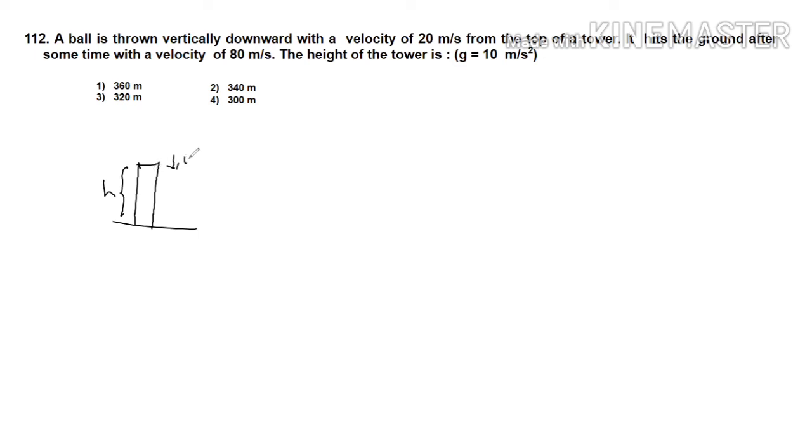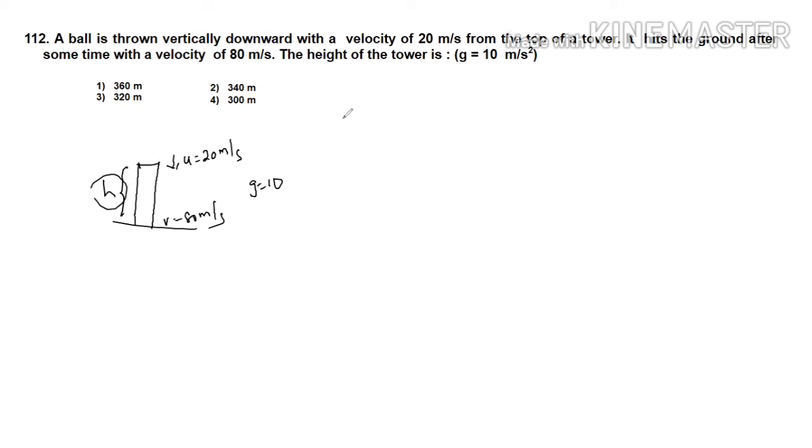A ball is thrown with a velocity 20 meters per second, and it is going to touch the ground with 80 meters per second, and the g value is given as 10 in the question, and they are asking us to calculate the height.